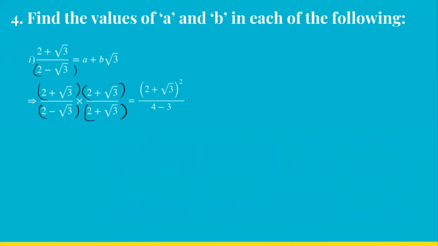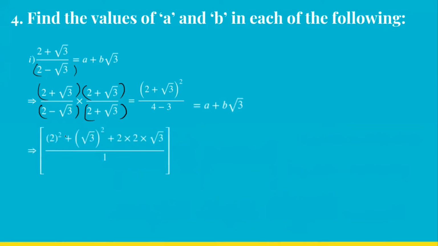So 2 plus root 3 the whole square, let us expand this. We get 2 square, a square plus b square plus 2ab, so 2 square is 4, root 3 square is 3, plus 4 root 3, upon 1, which is equal to a plus b root 3. Now simplifying, 4 plus 3 is 7, so 7 plus 4 root 3.